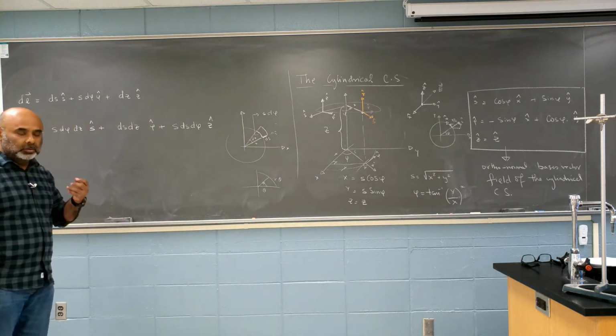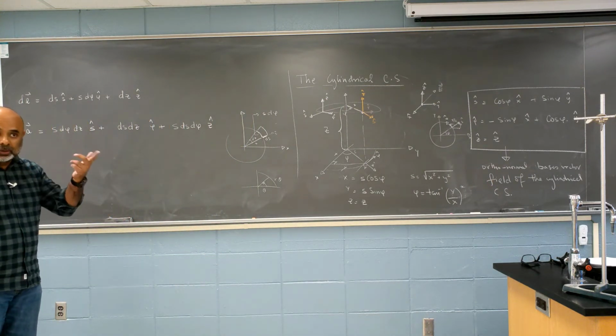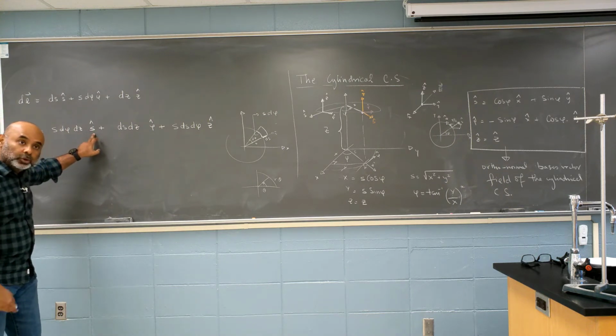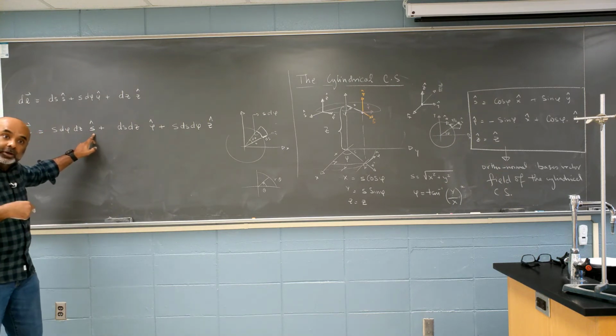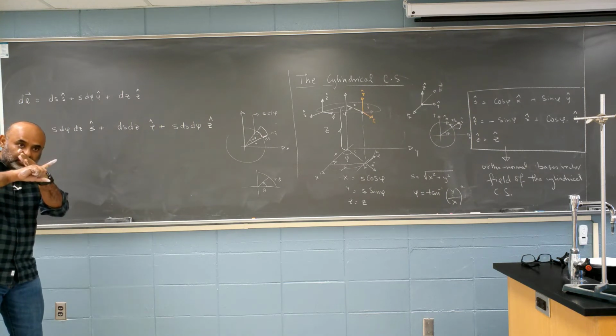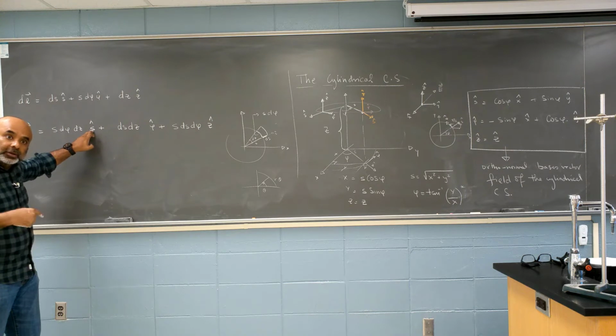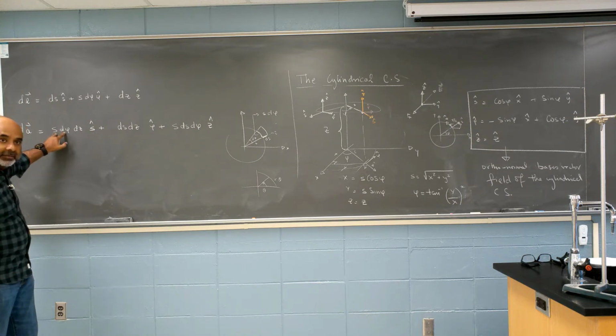Yeah, so you can get it and lose it, and I do it too. You have to come back and hit it hard. If it's s hat direction, you pick the two directions perpendicular to it, because the normal vector is always perpendicular to the area. So if I look at s, the other directions are phi and z. For the phi part, you get s d phi, then you get dz.